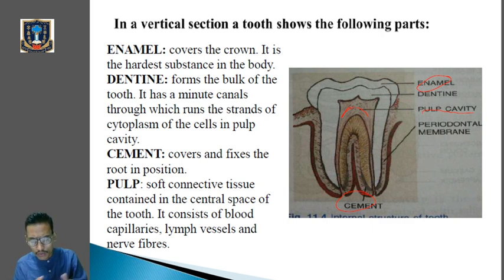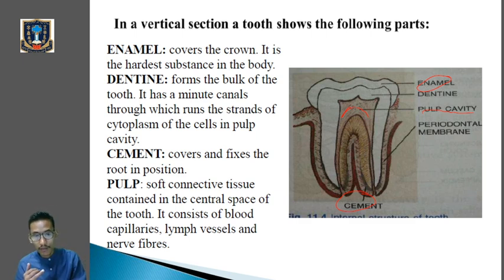So kindly go to the structure of the tooth, which is composed of crown, root, and neck. In the vertical section, we find enamel, which covers the crown and is the hardest part of the body. Then dentine, the bulk of the tooth, harder than bone but not as hard as enamel, with minute canals through which run the strands of cytoplasm of the cells in the pulp cavity.